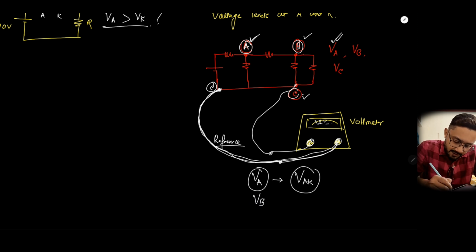Whenever we are finding the voltage at node B, we are basically finding VBC.